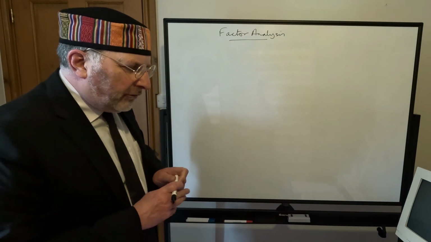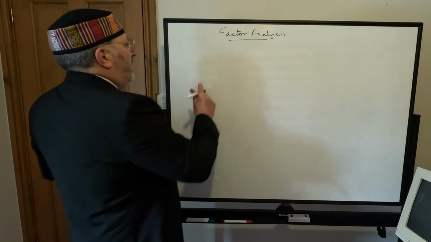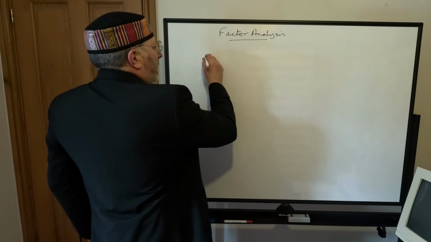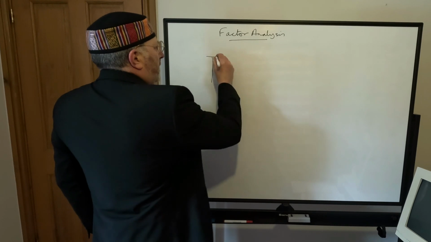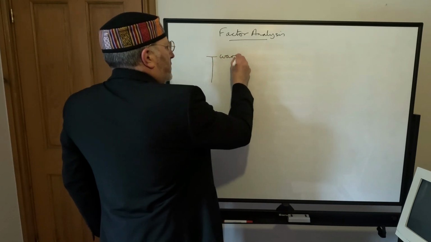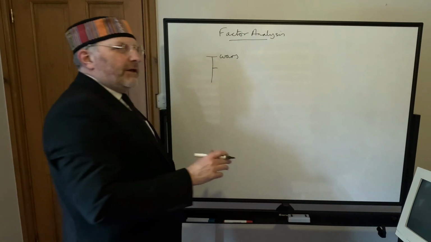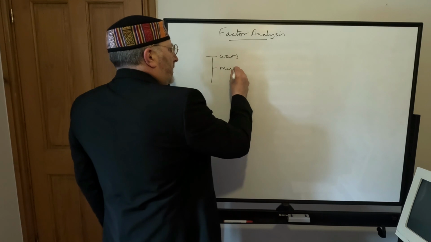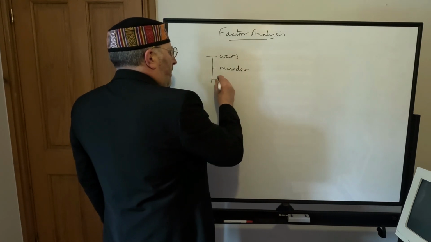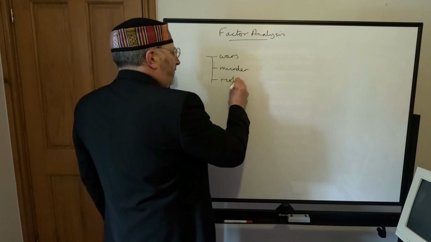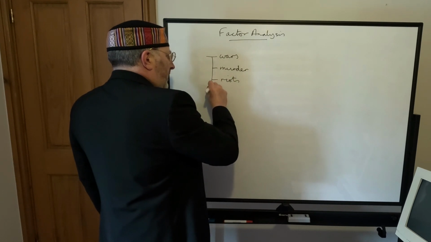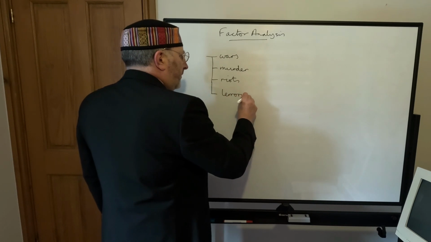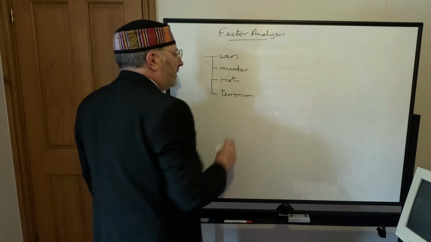So let's take an example of looking at societies and characterising them in terms of the incidence of war, the extent to which they're involved in wars, the murder rate in the society, the level of rioting, and the amount of terrorism in the society.